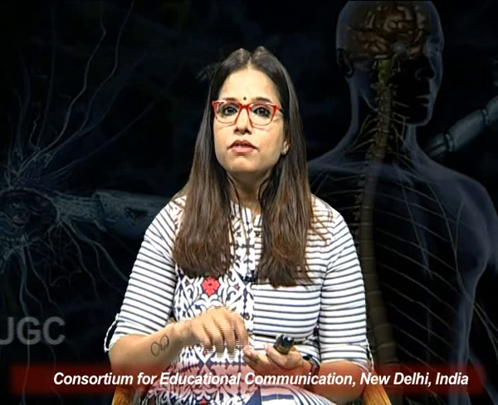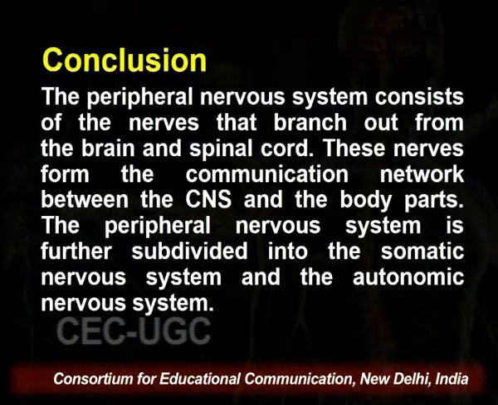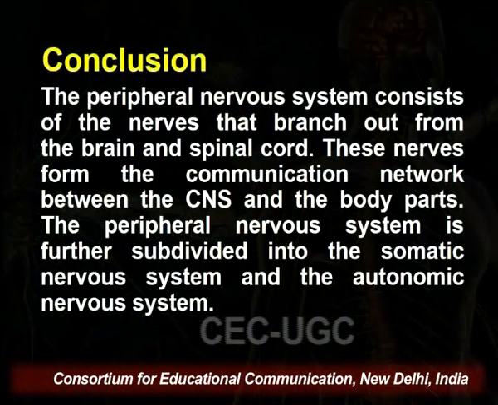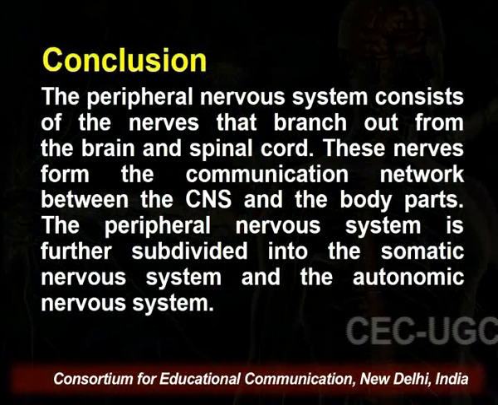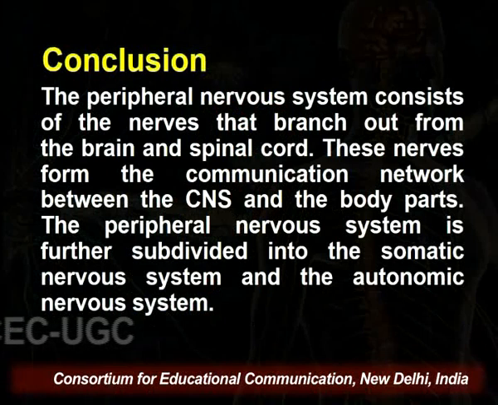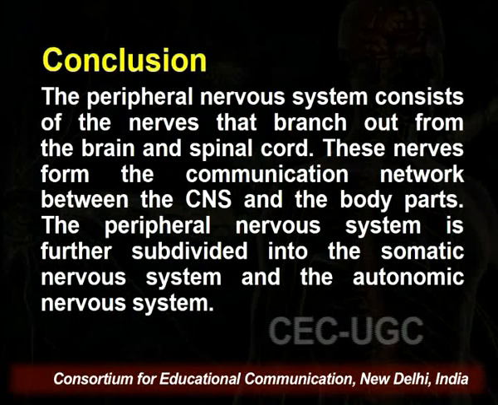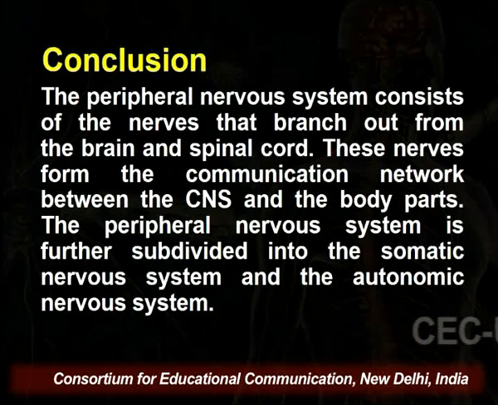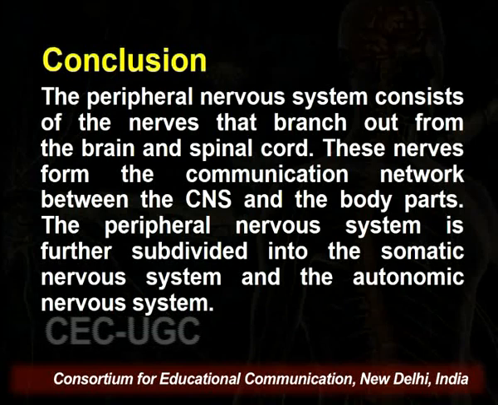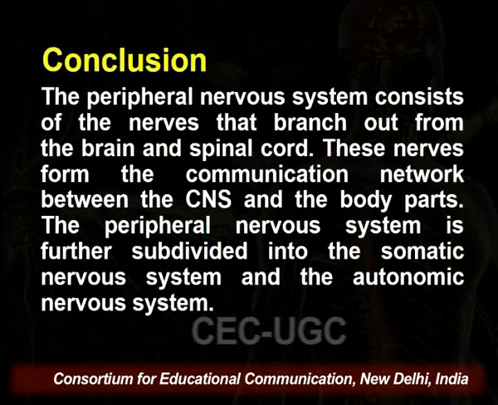So, we have come to the conclusion. The peripheral nervous system consists of the nerves that branch out from the brain and spinal cord. These nerves form the communication network between the CNS and the body parts. The peripheral nervous system is further subdivided into the somatic nervous system and the autonomic nervous system.